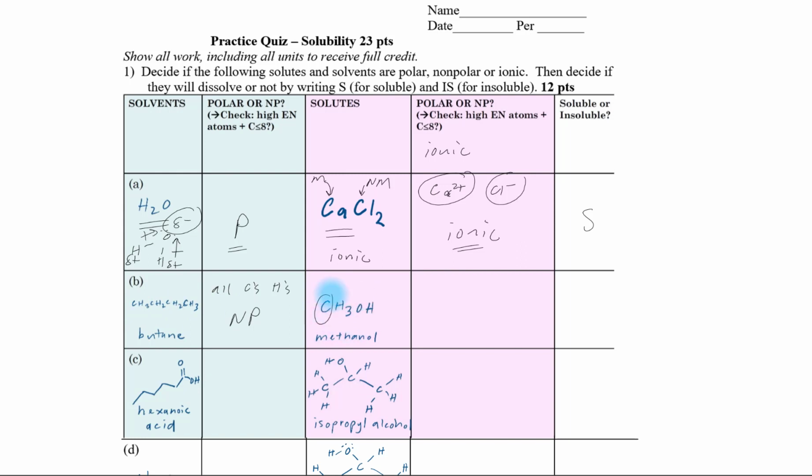Methanol, there's one central atom that's going to be the carbon. So let me sketch this out real quick. I'll just draw it right here. So these three H's and then this OH are going to be the groups that are attached to this carbon. So there's going to be an H here, and then there's an OH here. And there's an oxygen on it.